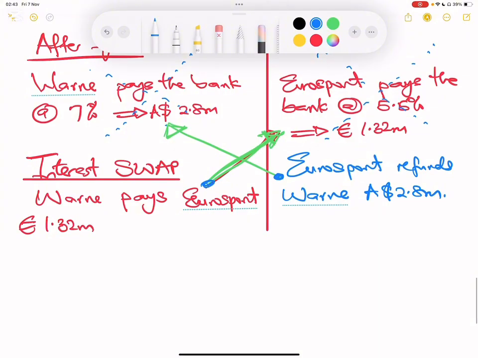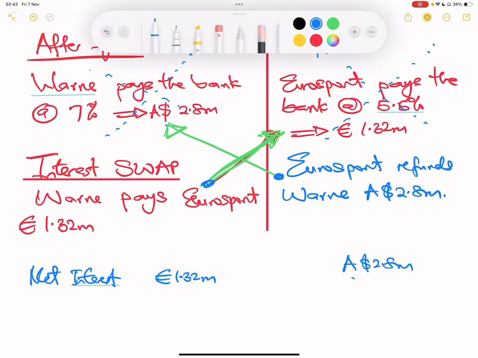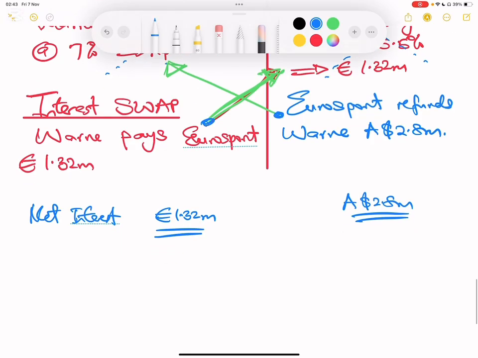So invariably, what we're saying is that the net interest these guys have paid is that this guy has paid 1.32 million interest, and this guy has paid 2.8 million Australian dollars. And imagine if they had not done this, this guy would have paid at 7.2%.